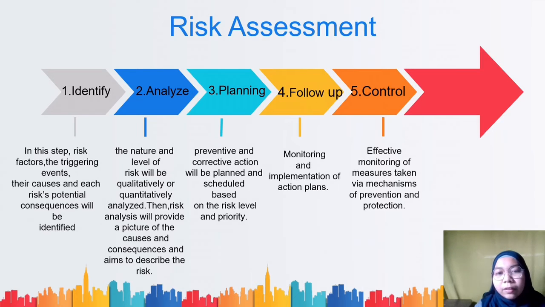Preventive and corrective action will be planned and scheduled based on the risk level and priority. And the fourth one, follow-up, monitoring and implementation of the action plans. And the last one, control, effective monitoring of measures taken, as a mechanism of prevention and protection.